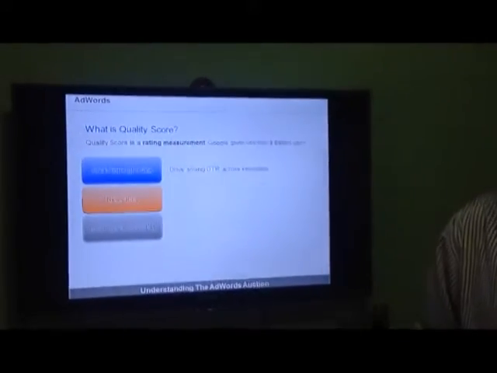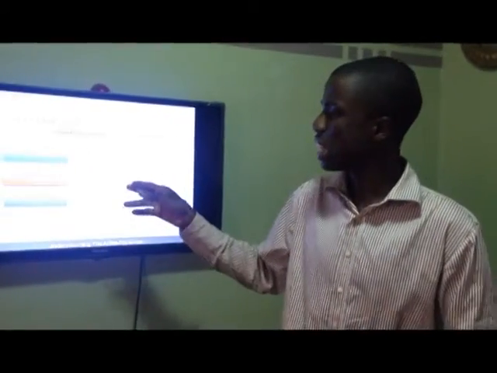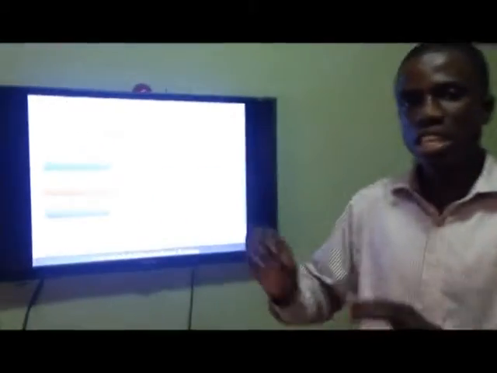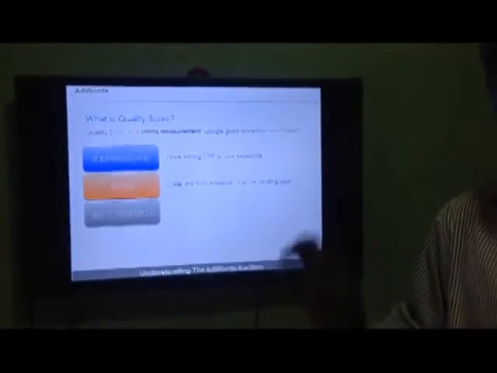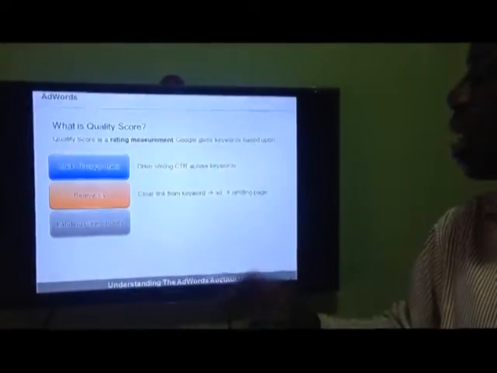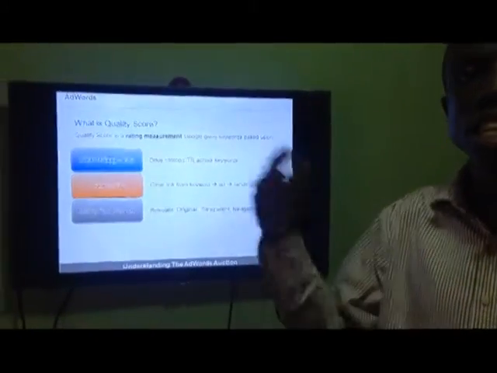That is how your ad or the keyword that you are bidding on is in relation to the ad that you are serving the user. If it's relevant, as I was describing with regard to chocolate, if you are serving chocolate ads, then indeed the relevance is there. And of course, the landing page: when a person visits it, does it actually talk about the chocolate that you are advertising? Then we have the landing page quality.